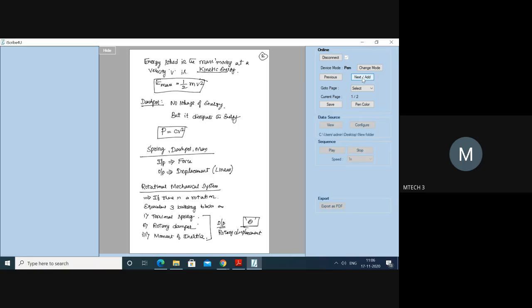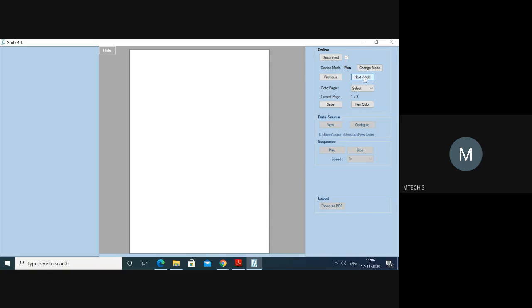Now we'll try to understand how the equations are going to vary for this particular case. Next we'll go further.